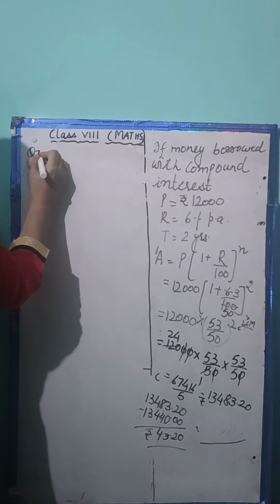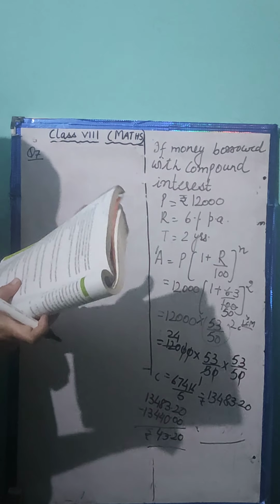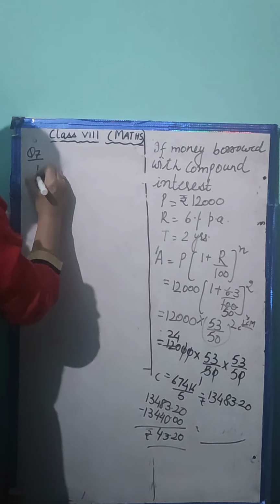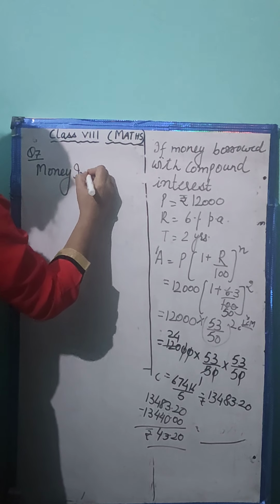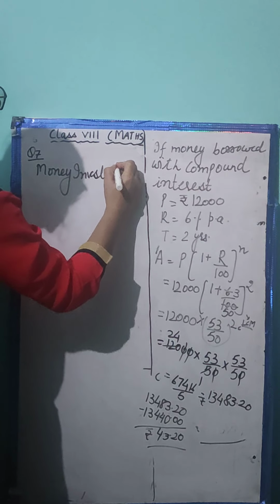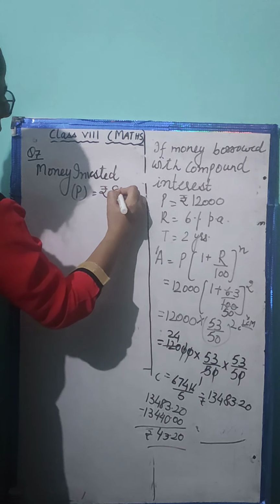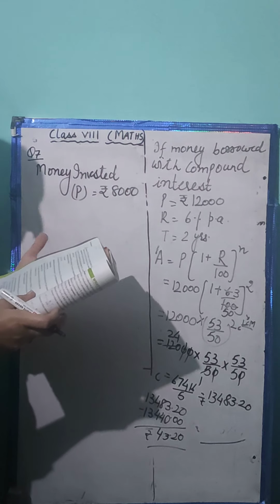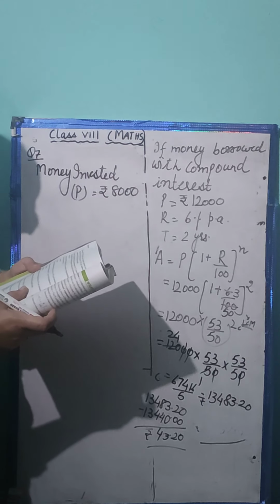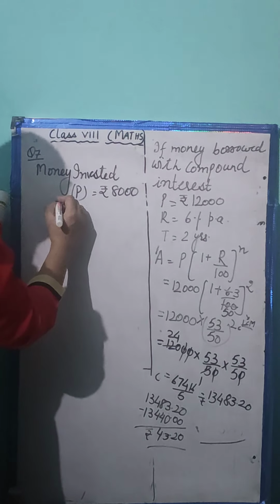Question number 7 is, Maria invested rupees 8,000 in a business. Money invested is the principal, and that is rupees 8,000. It is given. She would be paid interest at 5% per annum compounded annually.